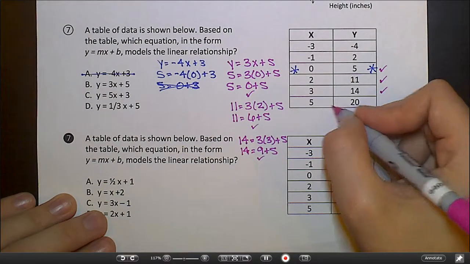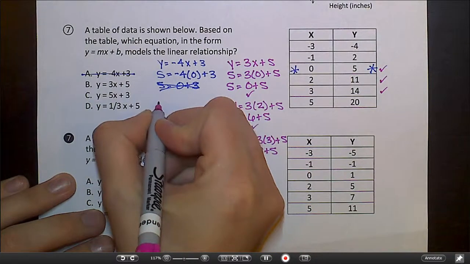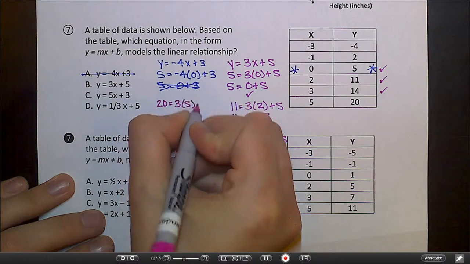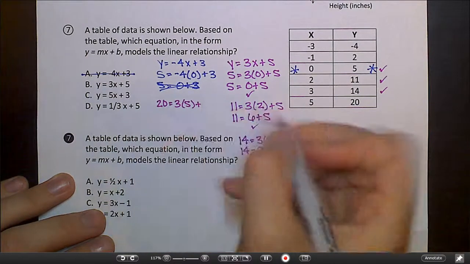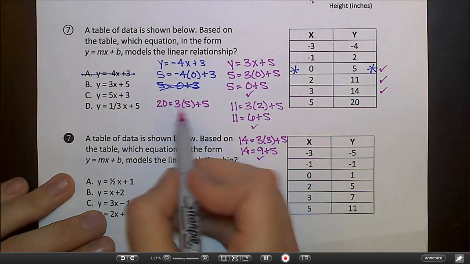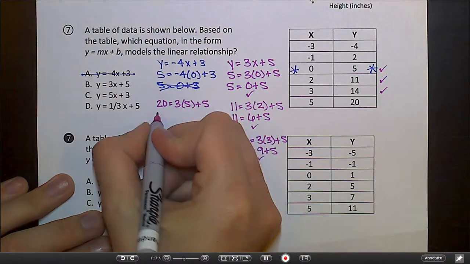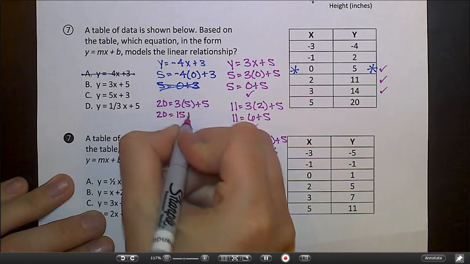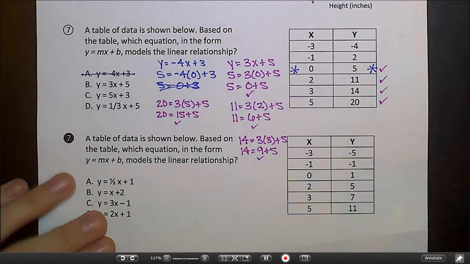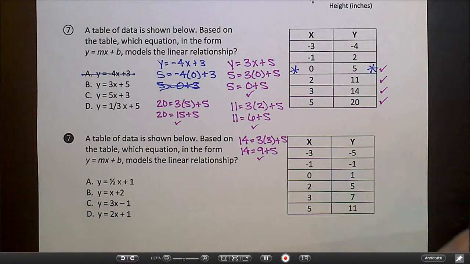Now let's test 20 and 5. 20 equals 3 times 5 plus 5. So 3 times 5, because x is 5, and then plus 5. 20 equals 15 plus 5, and that is true. Looks like this is probably going to be our answer.